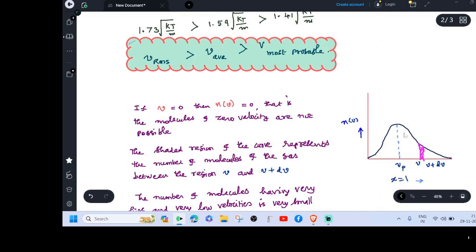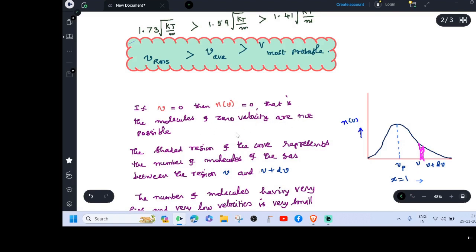If you see this curve, the area under the curve represents the molecules which have velocities between 0 and infinity. If V equals 0, suppose the molecule velocity is 0, then n of V is 0. That is, molecules of 0 velocity are not possible.